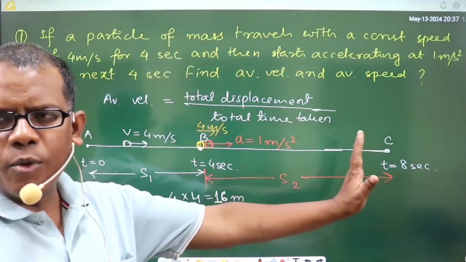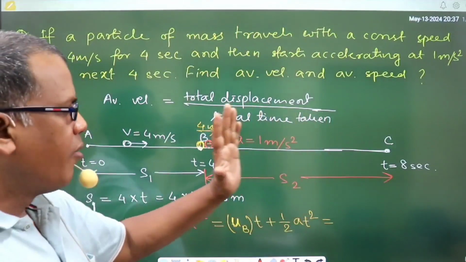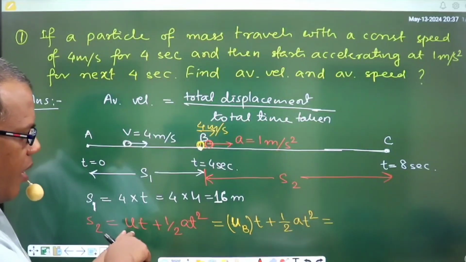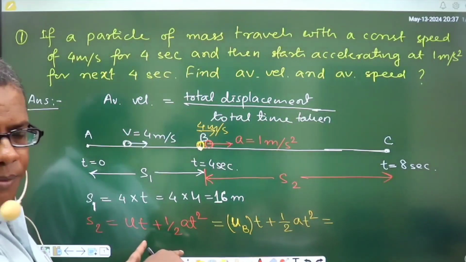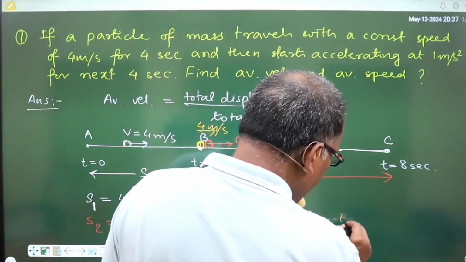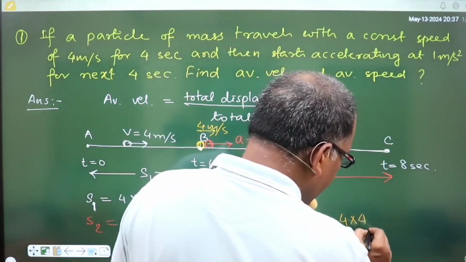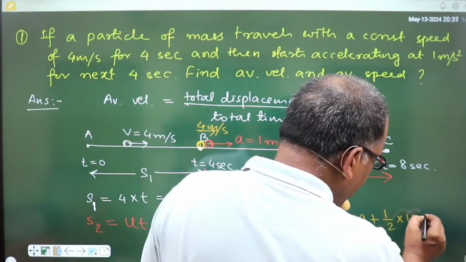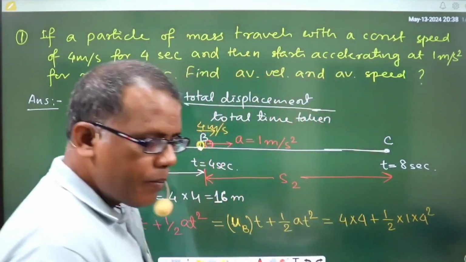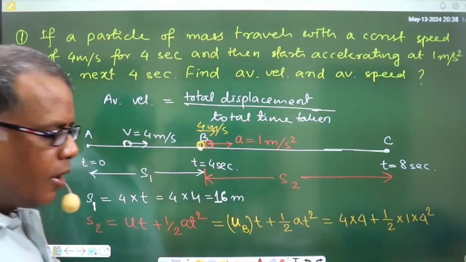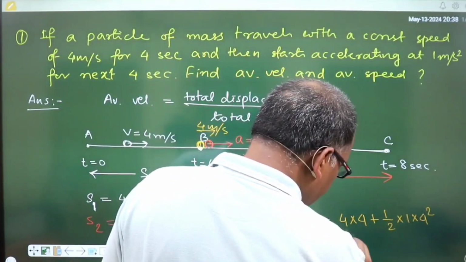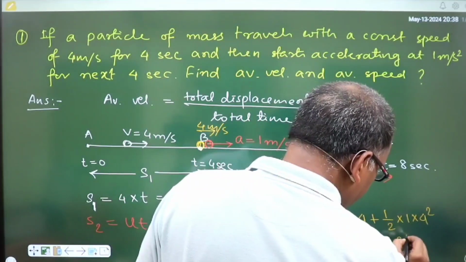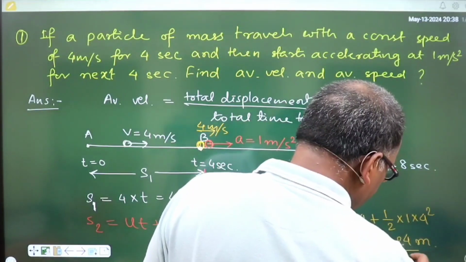For the accelerated motion, the second part of the journey, B is the starting point, and the velocity at the starting point is referred to as u in the formula. So u at B will be taken as 4. The journey time is also 4, plus half into acceleration 1 into t square, that is 4 square. So the calculation reaches 16 plus 16 by 2, that is 8, so the second phase is 24 meter.